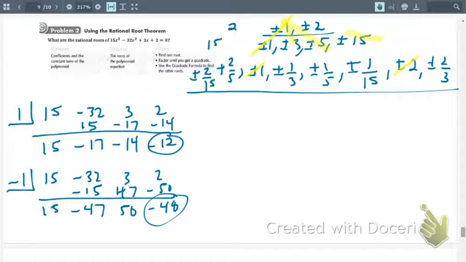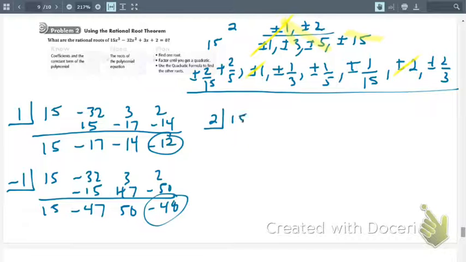That is not 0. So plus or minus 1 is not a rational root. It's not a solution. All right, let's go for positive 2. As you can tell, finding the solutions or rational roots by hand for higher degree polynomials is not fun.